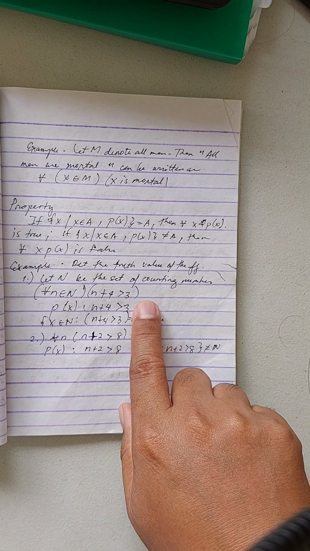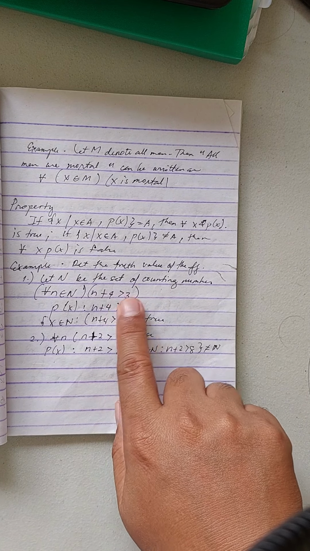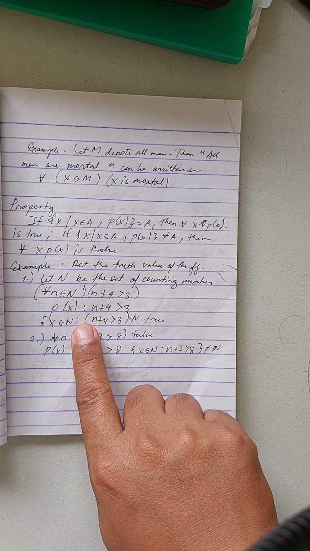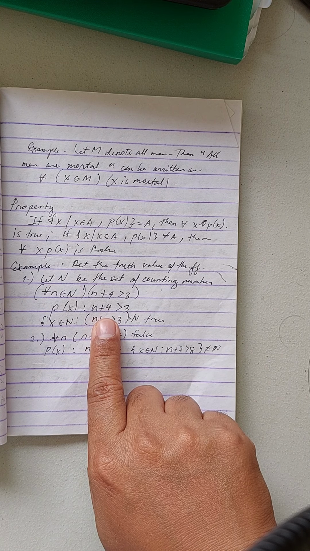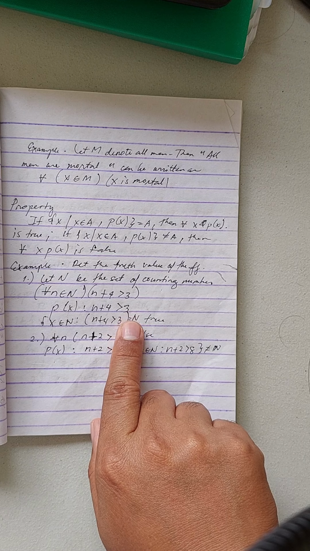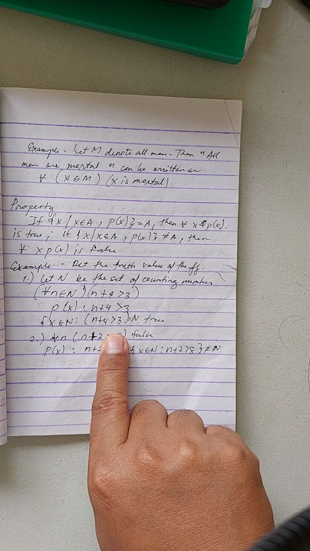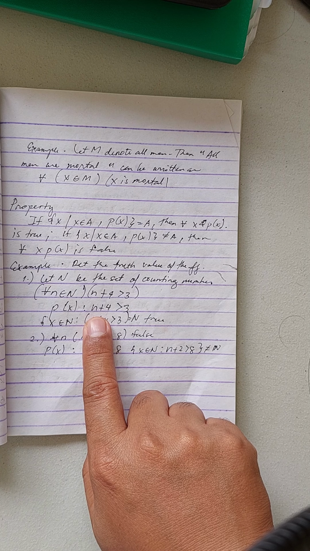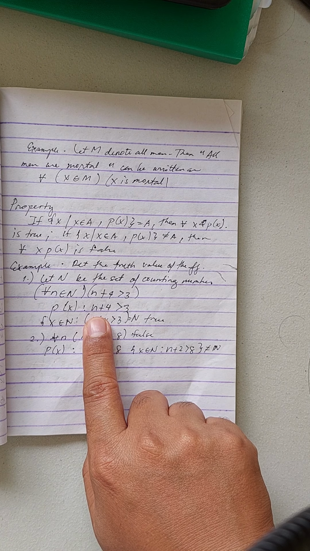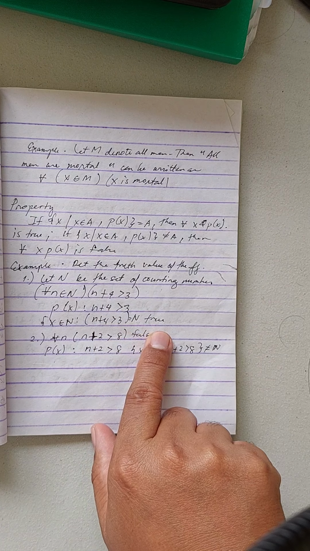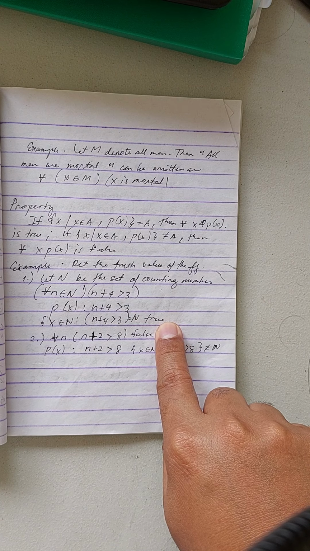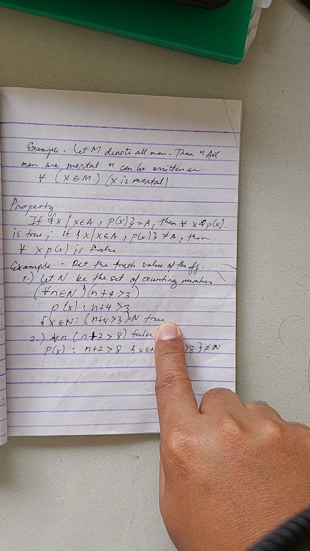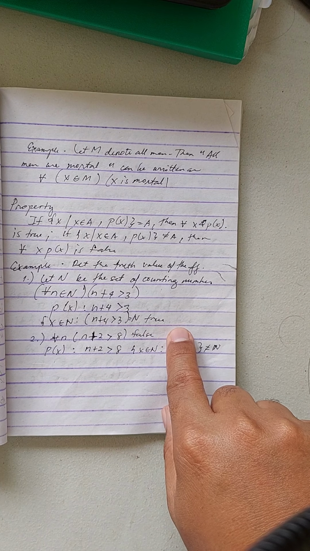Let N be the set of counting numbers. So our proposition is n plus 4 greater than 3. Therefore, even if we start at 1, 1 plus 4 is 5, so it is still inside. So the truth value of the proposition is true.